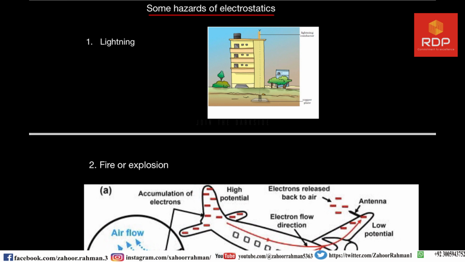When the charge on the thunder clouds is sufficiently large, it can ionize the air, which then provides a conducting path for the huge quantity of charge to be discharged to the nearest or sharpest object on the ground.